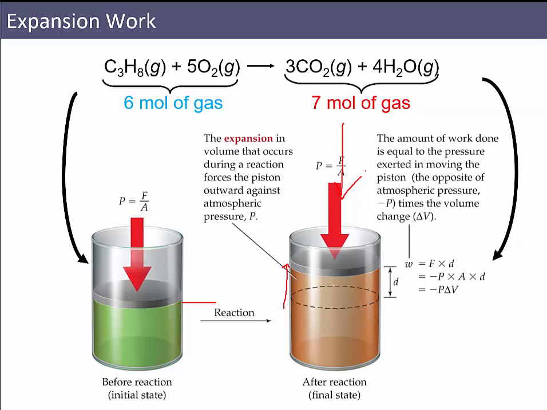And so the work is going to be force times the distance, or in this case, we're going to convert force into minus P times A times D, the displacement, or we're going to say that work is going to be equal to the negative P times the change in the volume.